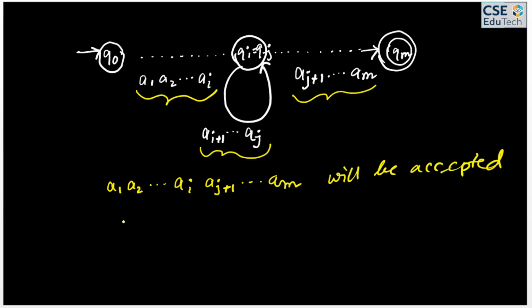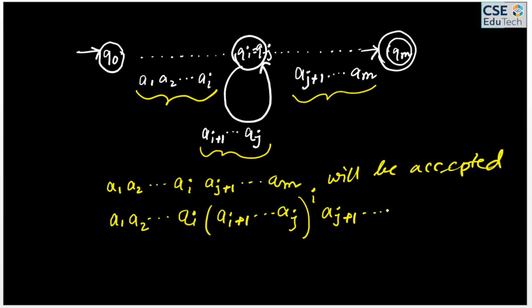If this will be accepted, so we can also write a1 a2 to ai, and a(i+1) to aj raised to the power i, then a(j+1) to am will also be accepted.